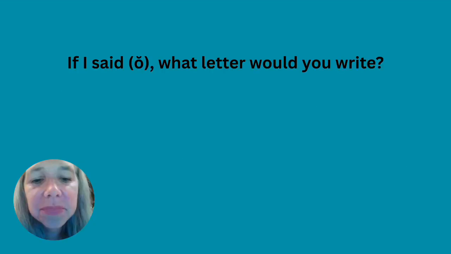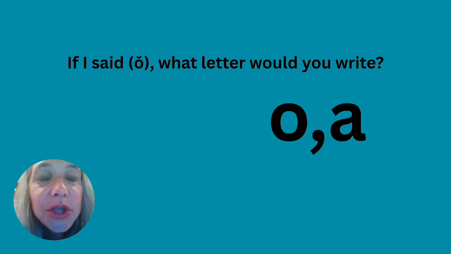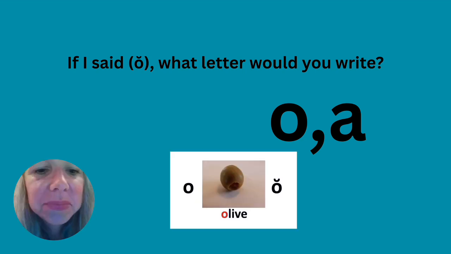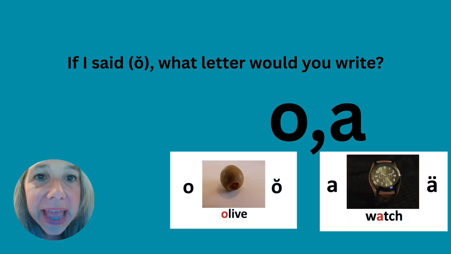Let's do some spelling. If I said ah, what letter would you write? You would have two choices to pick from, the letter O and the letter A. O, olive, ah. A, watch, ah. When you hear that ah sound, you will always write the letter O. But listen carefully.